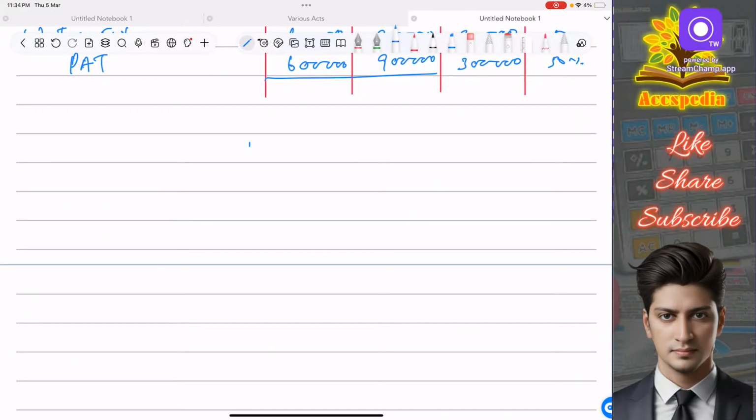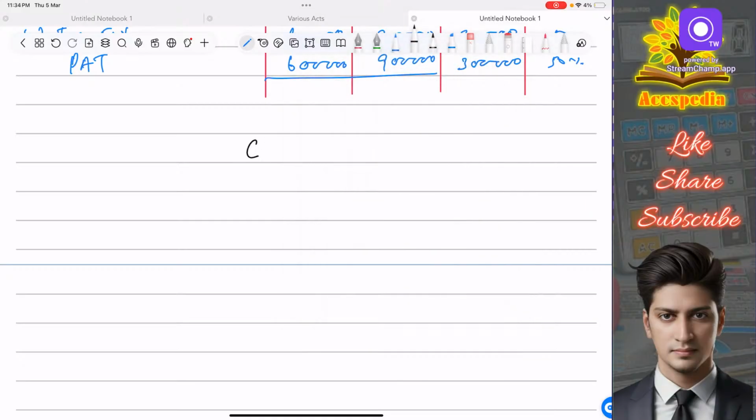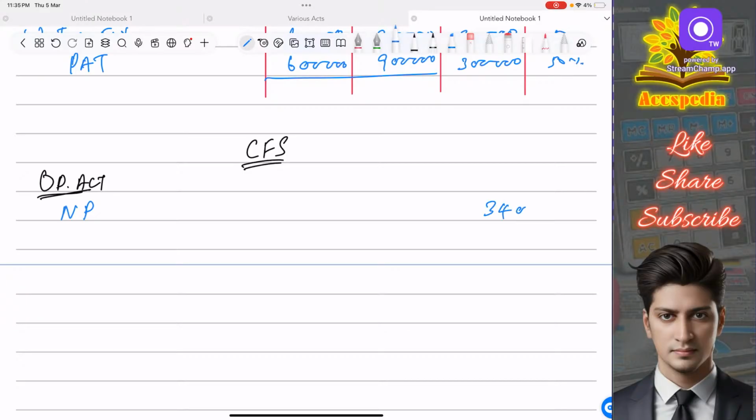Let's start. Cash flow statement, operating activity. We have first net profit, that is 3,40,000. This is net profit before tax and extraordinary items.